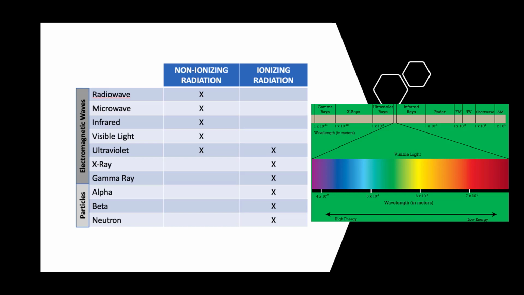Ultraviolet is also part of the ionizing radiation level of wavelength. So when we're looking at this, we're looking at the difference in the frequency or the wavelength. In the ionizing radiation, we have the ultraviolet, X-ray, gamma ray for wavelengths, and for particles, we have the alpha, the beta, and the neutron particle, which are all ionizing radiation.